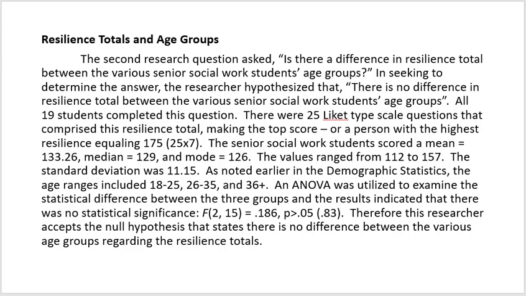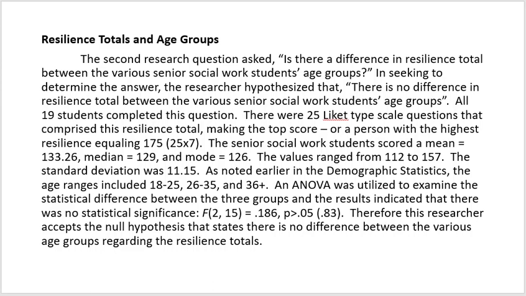As noted earlier in demographic statistics, the age ranges included 18 to 25, 26 to 35, and 36 plus. An ANOVA analysis of variance was used to examine the statistical difference between the 3 groups, and the results indicated that there's no statistical difference.